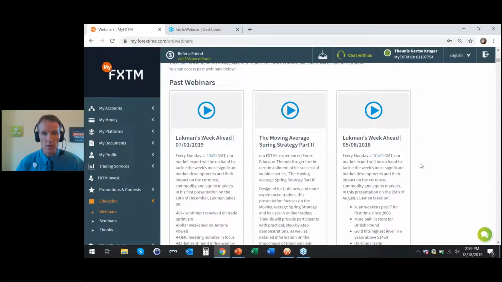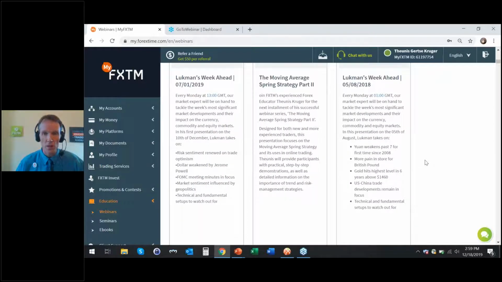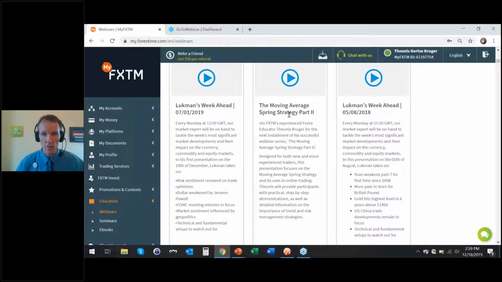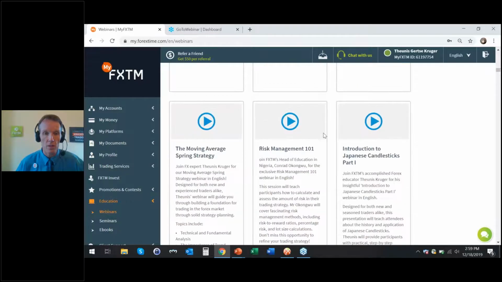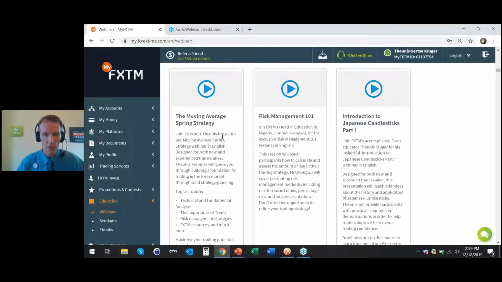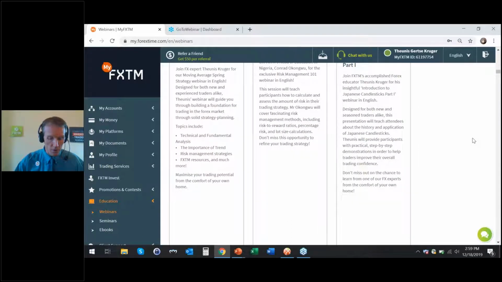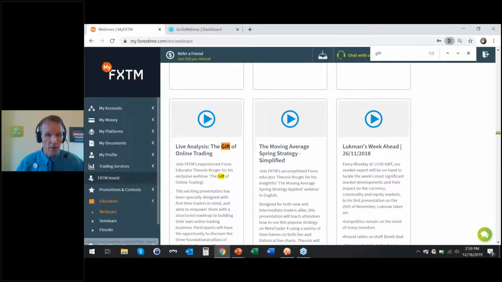So I want you to go and look at actually 4 things. You see here right up top is the moving average spring strategy part 2. Just a little bit lower is the moving average spring strategy. So that's the introduction. But I also want you to go and look at the following things. I'm just going to press Control F to find it. It's a fast way. The gift. I'd like you to listen to the live analysis, the gift of online trading.